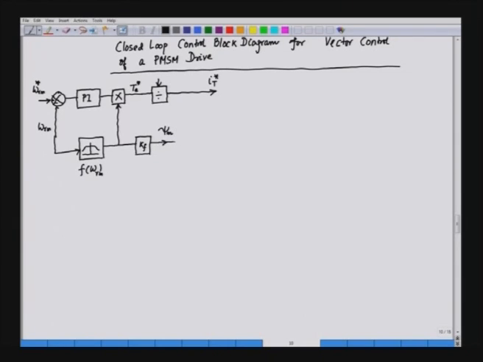And the magnetizing flux is used in a function block to give us I f. I f is the flux component of current.